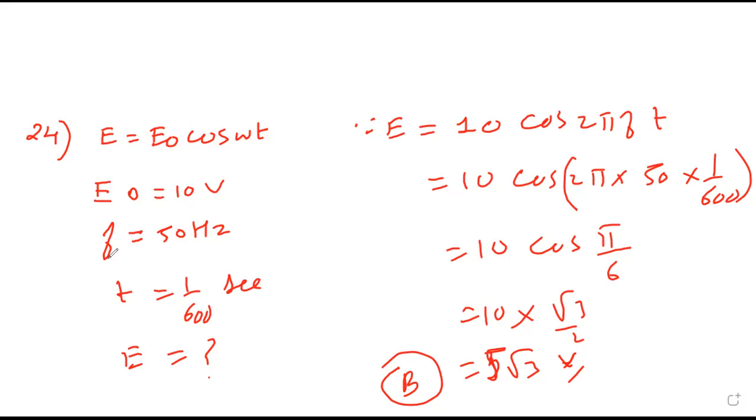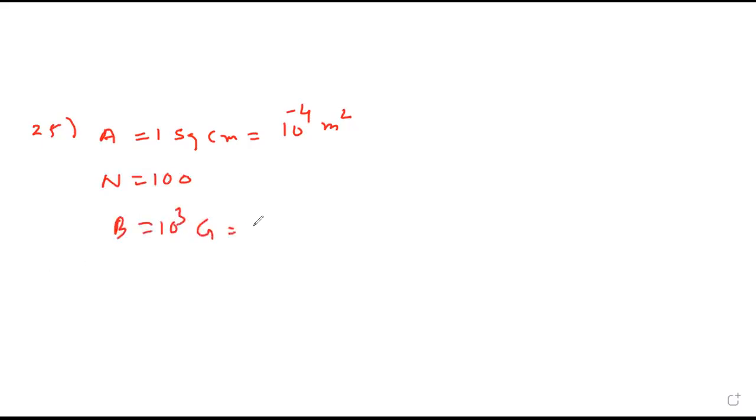Completed? Yes, sir. Done. 25th. A coil has area 1 square centimeter, that is 10 raised to minus 4 meters square. (100 turns) is placed in magnetic field of 10 raised to 3 Gauss, which is 1 Gauss means 10 raised to minus 4 Tesla.